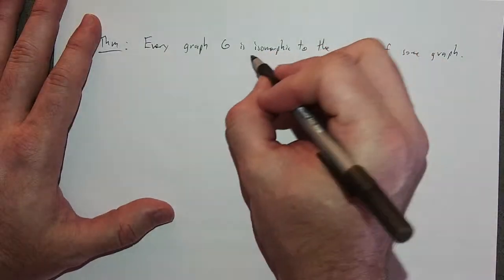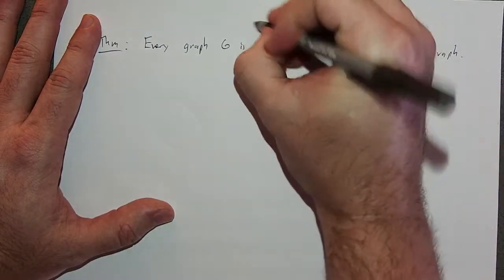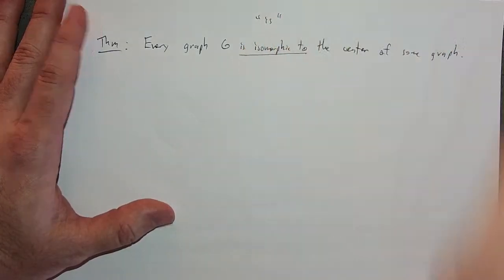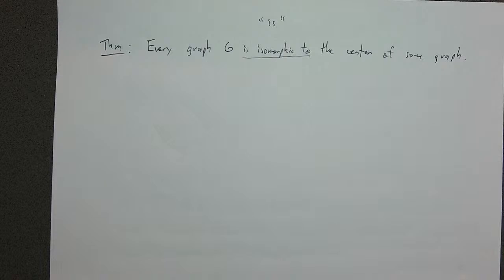We can replace "isomorphic to" with the word "is" if you want to read this in a snappier fashion; that's not going to cause us any philosophical problems. Every graph is the center of some graph. So every graph is contained as the center and a subgraph of some other graph.